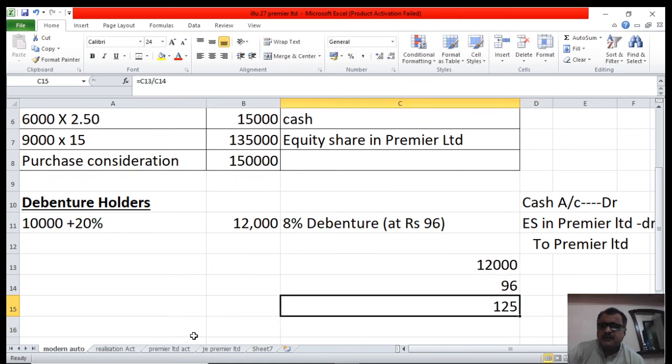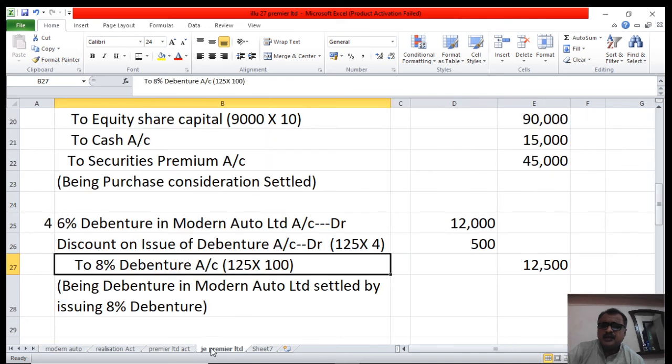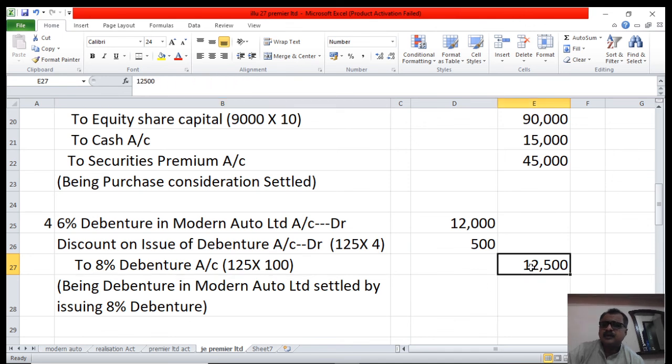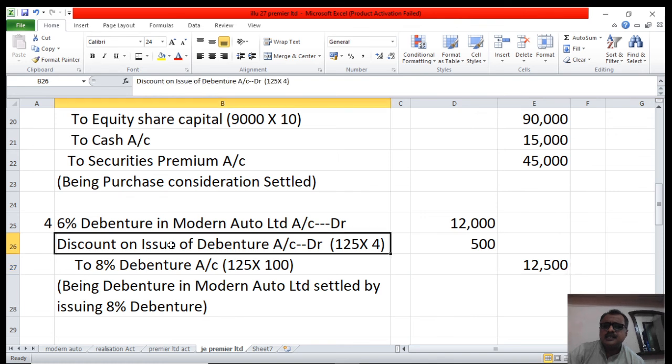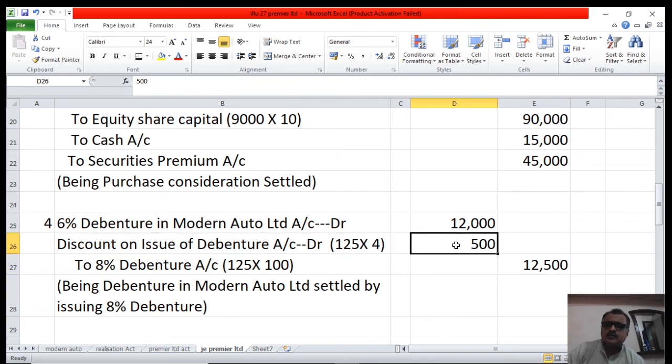So 125 debentures, with a face value of 100, so 125 into 100 is 12,500. And the discount part: it is issued at 96, which means 4 rupees is the discount, so 125 into 4 comes to 500.